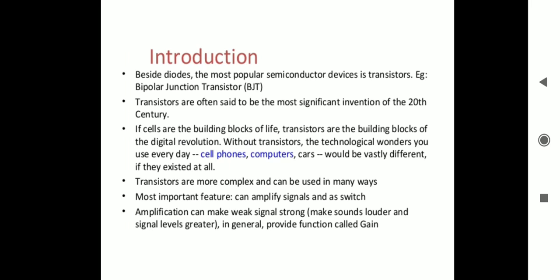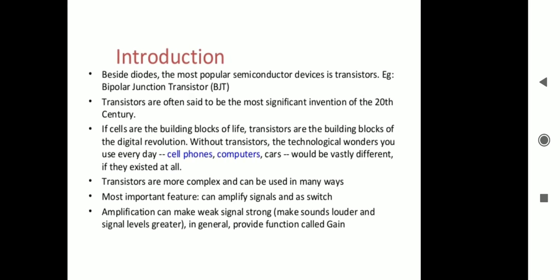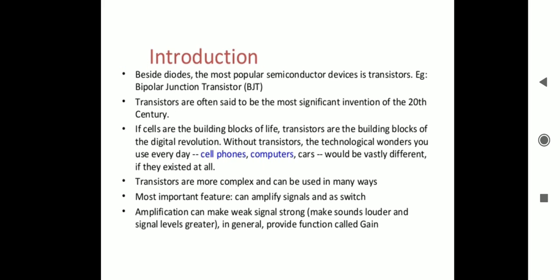This term was adopted because it best describes the operation of a transistor, which is the transfer of an input signal current from a low resistance circuit to a high resistance circuit.